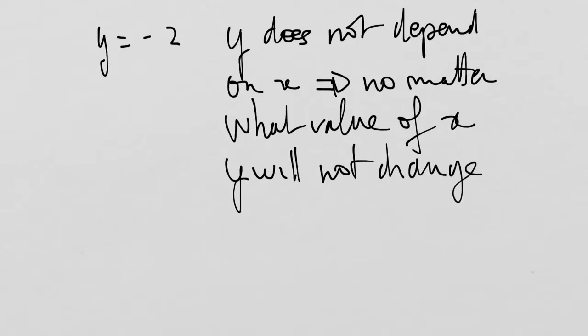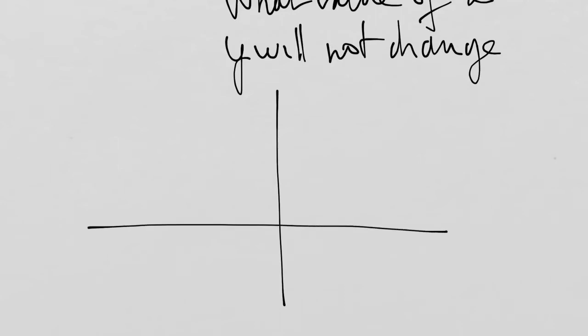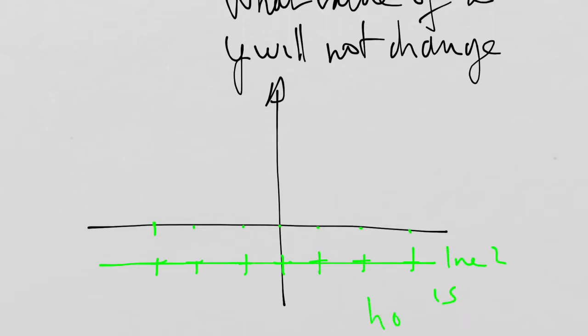So if I decide to graph y = -2, for any value of x, y equals -2. For this one, -2. This one, -2, etc. And that shows you that your line number 2 is horizontal.